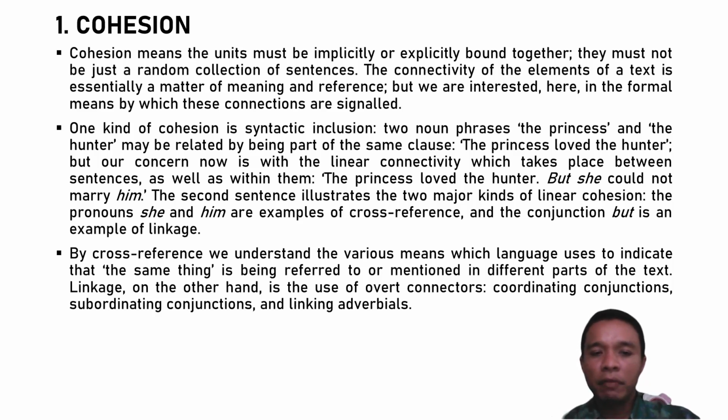By cross-reference, we understand the various means which language uses to indicate that the same thing is being referred to or mentioned in different parts of the text. Linkage, on the other hand, is the use of overt connectors: coordinating conjunctions, subordinating conjunctions, and linking adverbials.